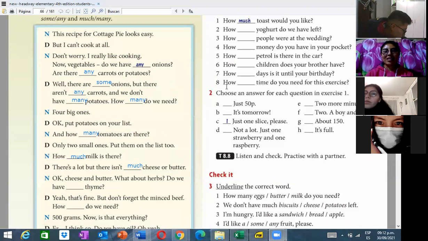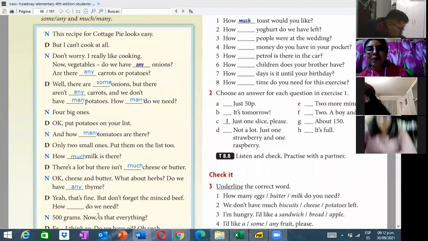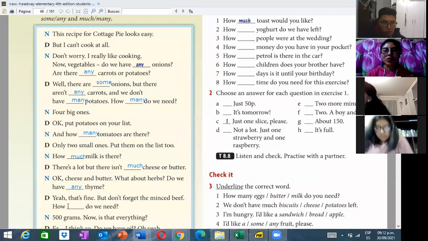Excellent. Yes, the correct answer, any. Yeah, that's fine. But don't forget the minced beef, right? La carne molida. How much do we need? How much? Very good. How much do we need?